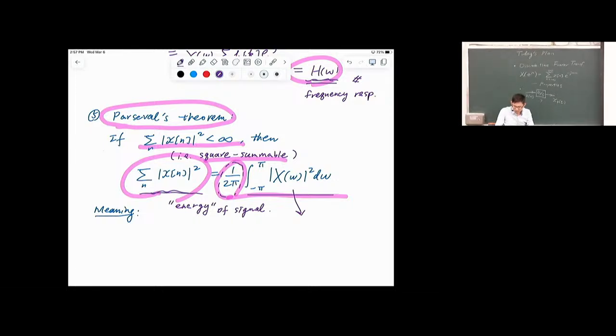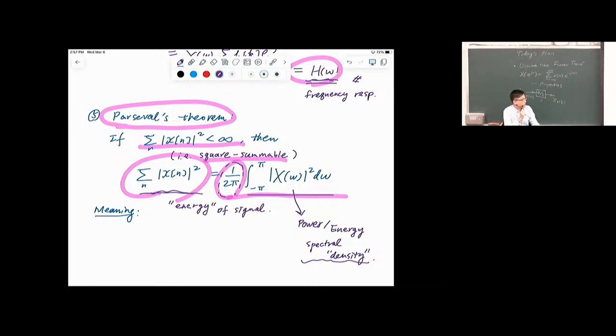Or, more incorrectly, it's called power or energy: power for random signals, energy for non-random signals. But power or energy spectral density. It's a density, really, in the sense that when we take the integral, the result is the energy.